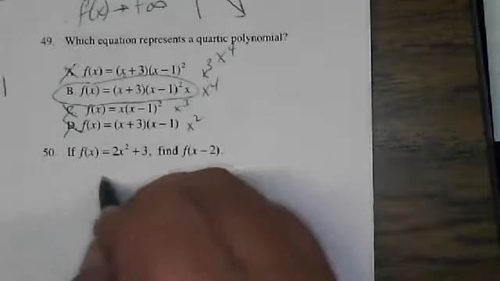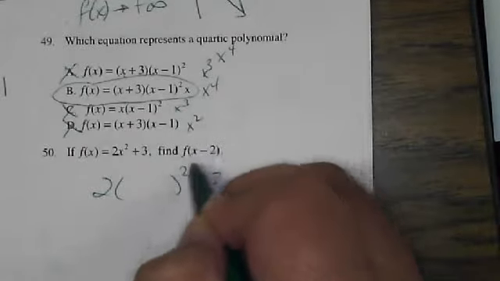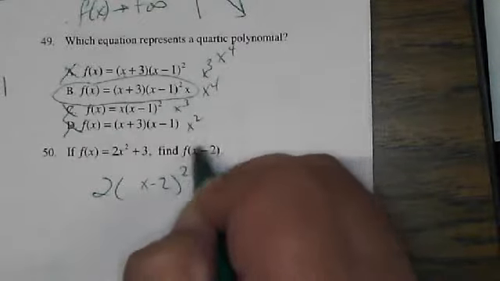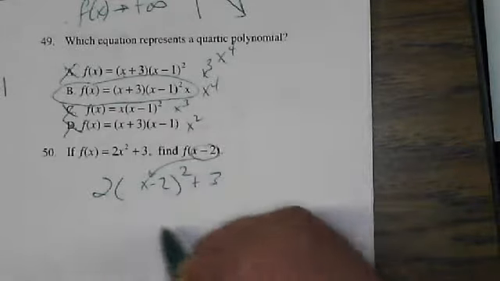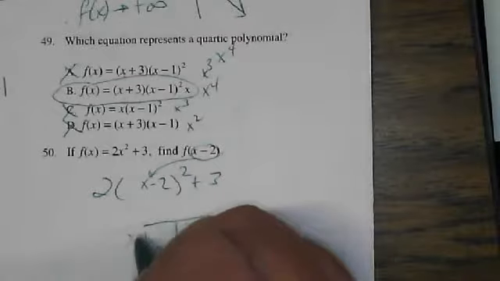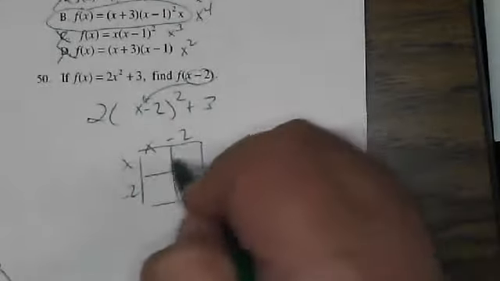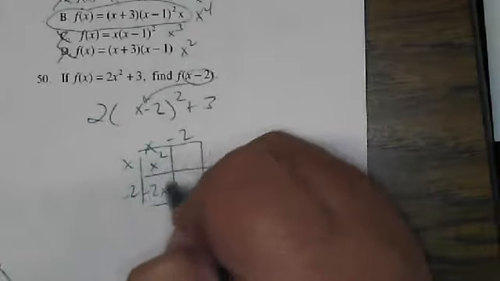Last one. You have 2x squared plus 3, and they want to find x minus 2. So we're plugging that in here. So you have to do the box method. X minus 2, x minus 2. X times x is x squared, minus 2x, positive 4.